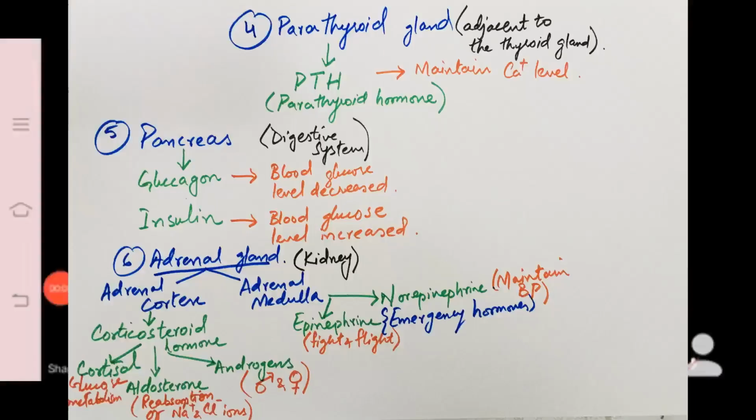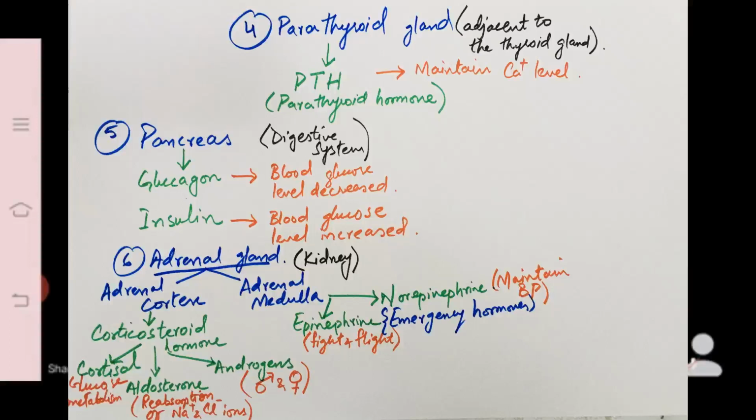Okay, now number 4, the parathyroid gland. What is the location of the parathyroid gland?